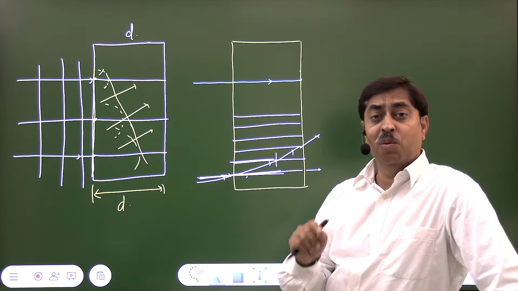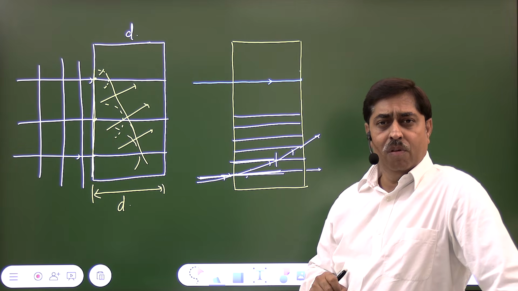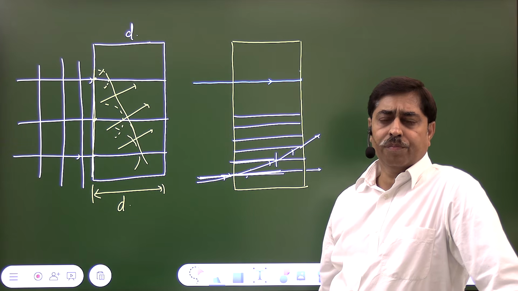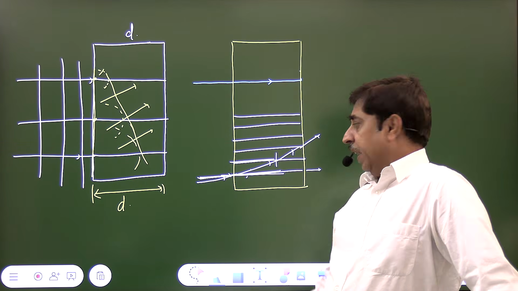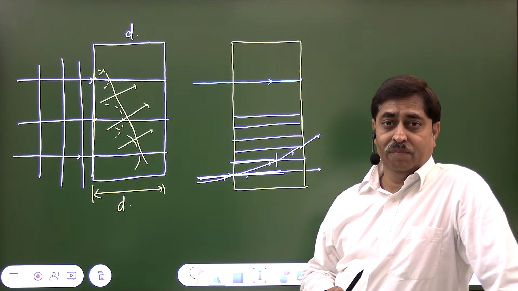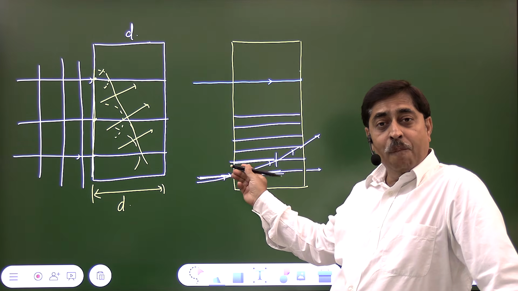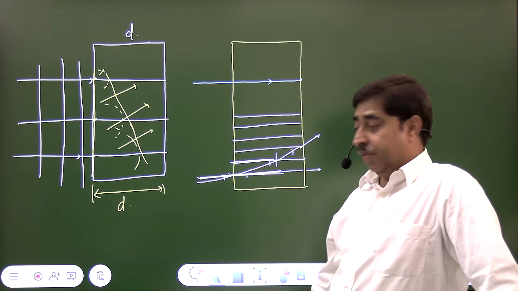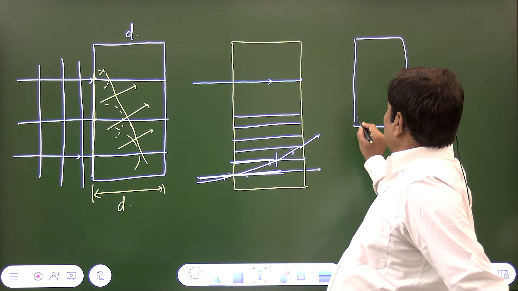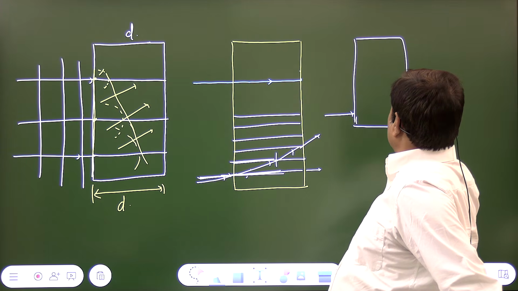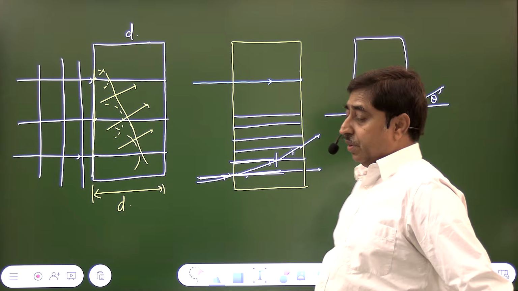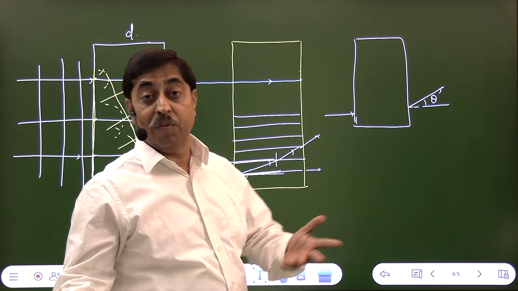Let us assume that N2 minus N1 is a big number. If you go slightly upward from here, the refractive index changes a lot. In such a case, the deflection will be sharp. The deflection of the light ray is substantial. A ray that entered here, when it came out, got deflected like this. This angle is substantial if N2 minus N1 is big.